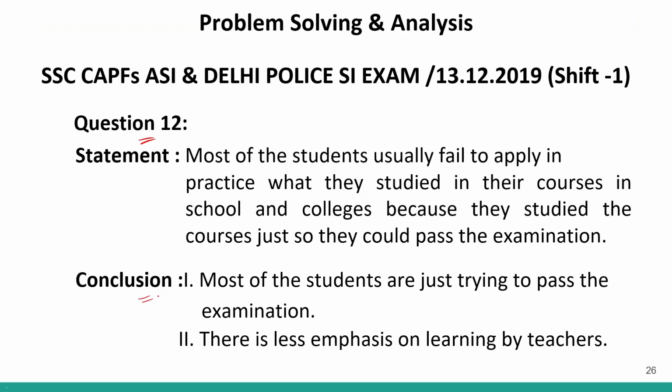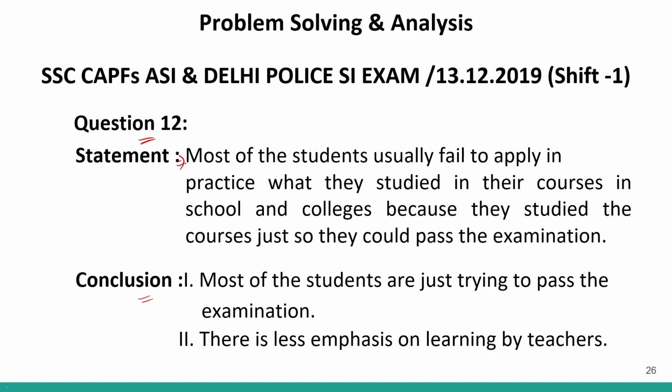Question number 2. Statement and certain conclusions are given and we have to identify which conclusions are true. Most of the students usually fail to apply in practice what they studied in their courses in school and colleges because they studied the courses just so they could pass the examination. So let us look at the statement.